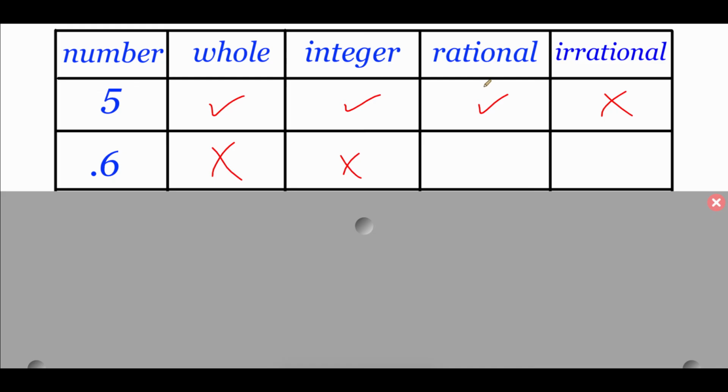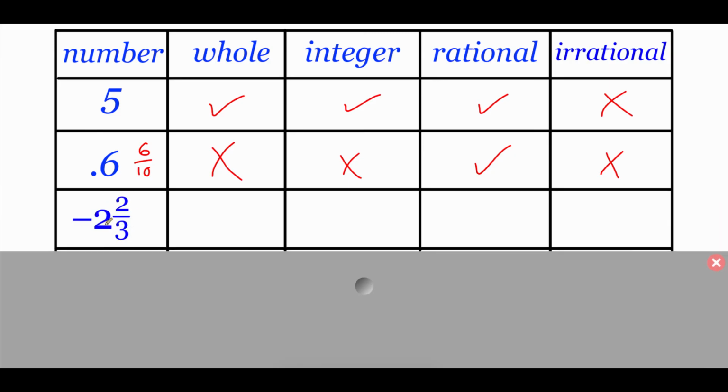One of the things that I mentioned was that rational numbers have terminating decimals, which means that they stop. And this decimal has stopped. Now, this first place after the decimal point is the tenths place. So because this is 6 tenths, we could write that as 6 over 10. That's the same as 0.6. So 0.6 or 6 tenths is a rational number, which makes it not irrational.